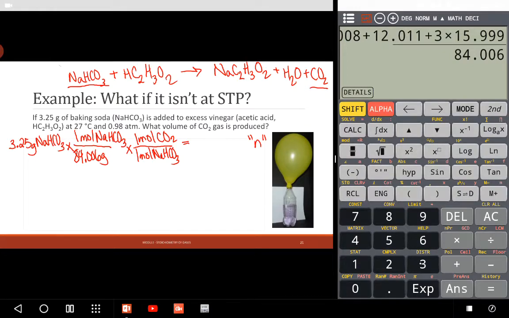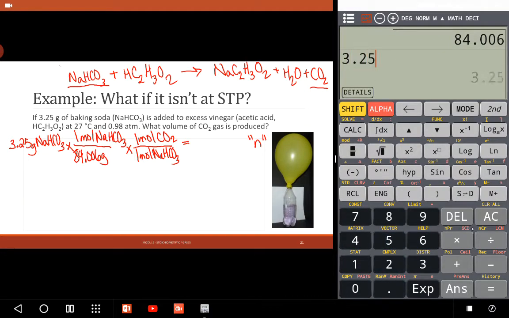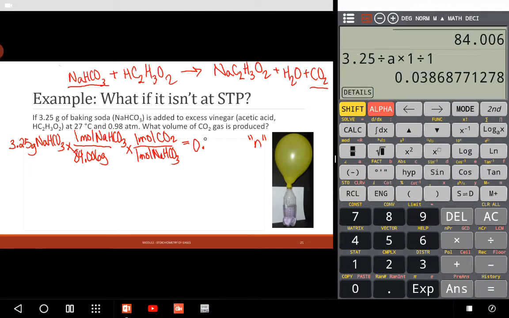So I can type this into my calculator, 3.25 divided by alpha A times 1 divided by 1. Not that that's going to do anything, but that is 0.0386877. Now store that as alpha B, so I don't have to retype it.